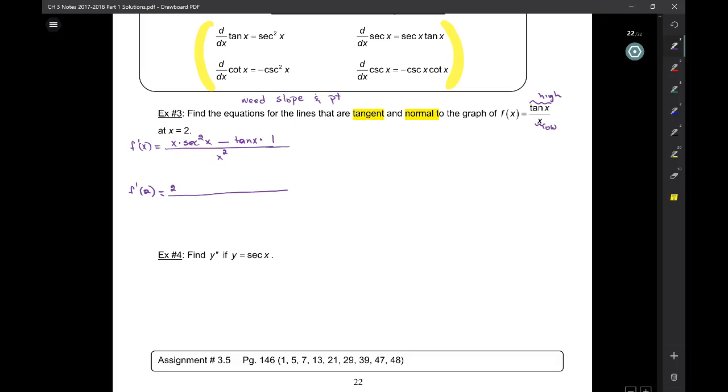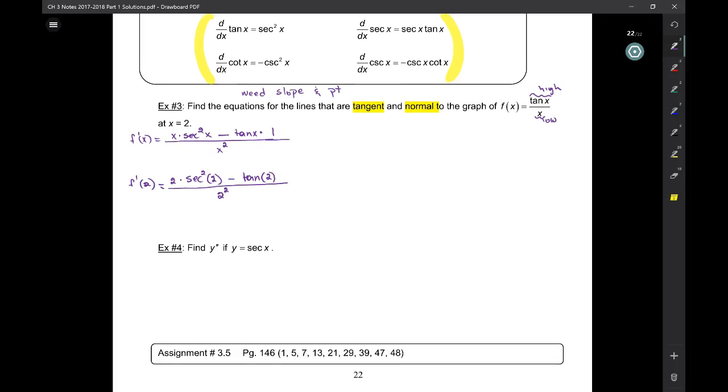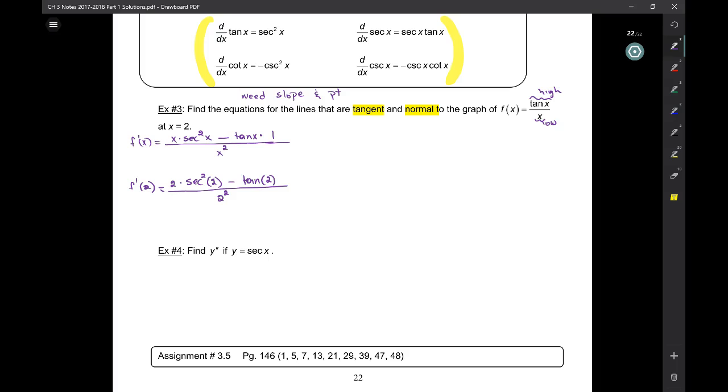So 2 times secant squared 2 minus tangent of 2 over 2 squared. Okay? Now you're going to plug it into the calculator. Now hang on. F prime of 2, listen.